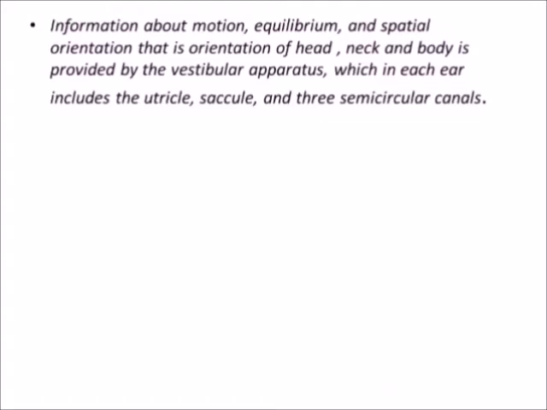Information about motion, equilibrium and spatial orientation, that is orientation of head, neck and body, is provided by the vestibular apparatus, which is in the internal ear, which includes the utricle, saccule and 3 semicircular canals as we have known.